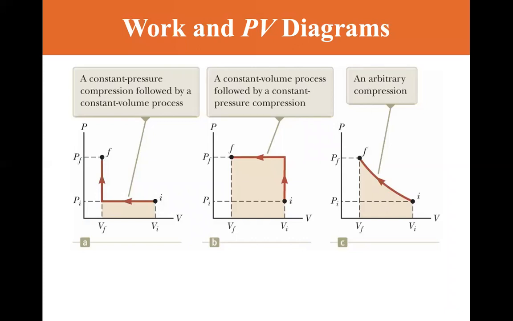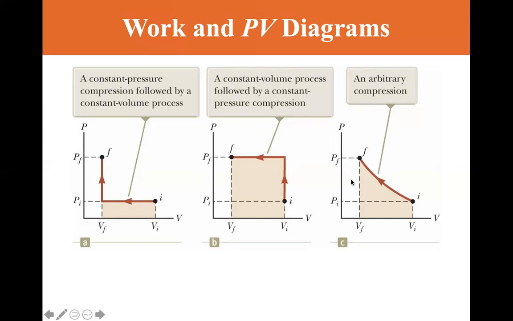In B, we have first a constant volume. There's a pressure increase at constant volume, and then the final pressure remains the same. Let's read the brown box: a constant volume process followed by a constant pressure compression. So first the volume is constant, and then the volume decreases to V final.